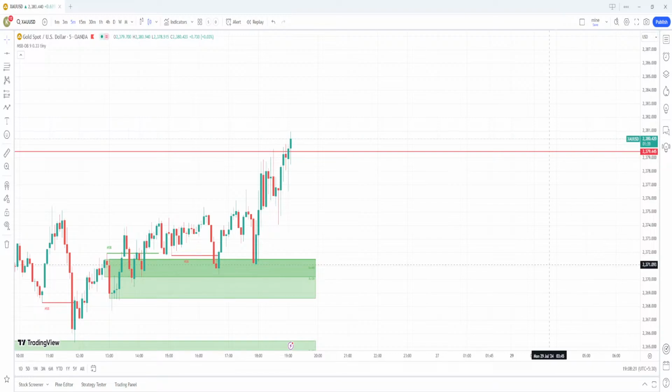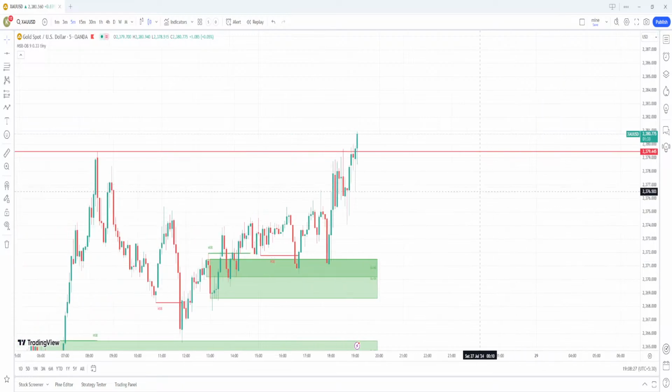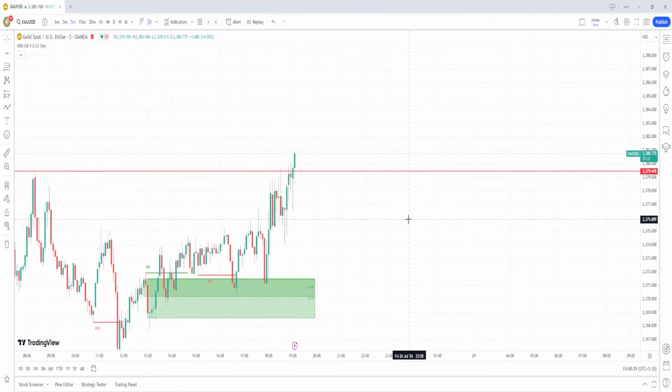Okay, the price level still breaks, but we are going to wait for the retest to take this trade, and we are also going to wait for the candle to close.